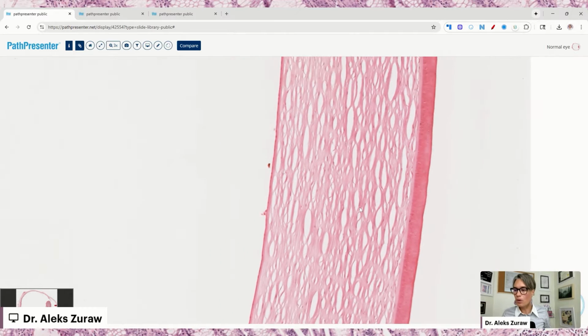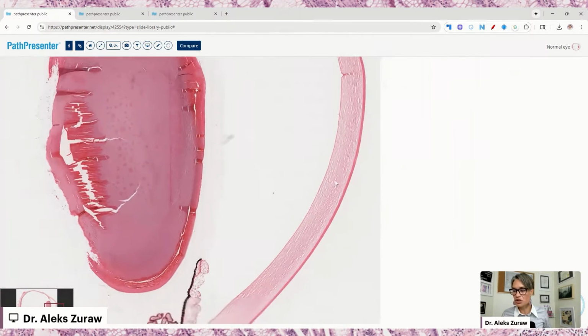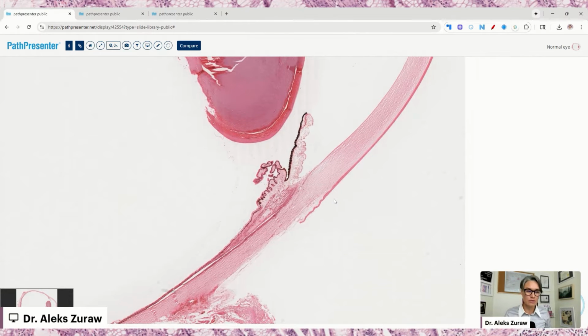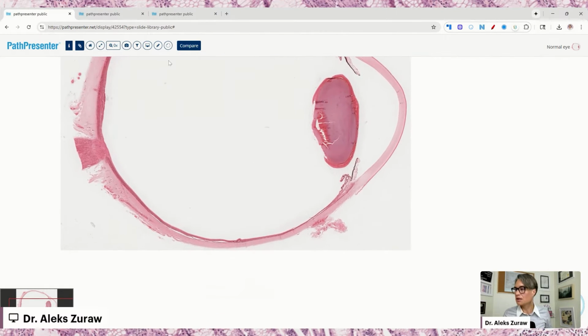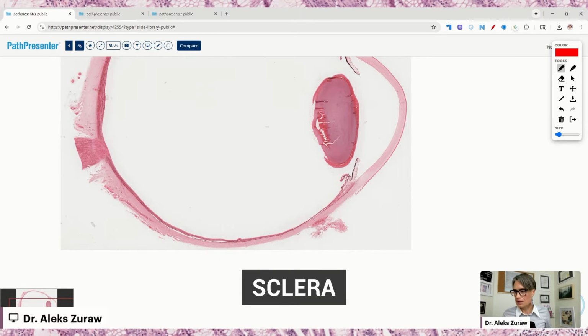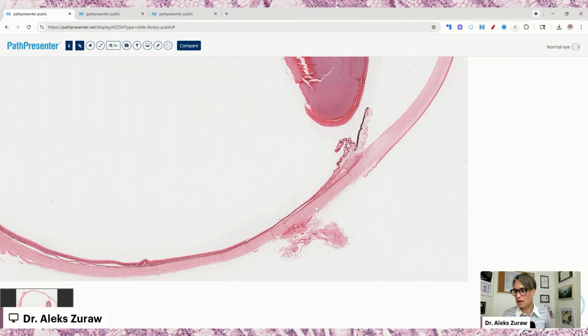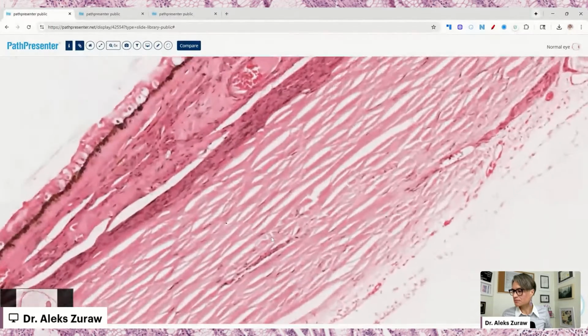And then the cornea has a sister or continuation that also belongs to this fibrous layer and extends all around the eye. This is called the sclera. You can see that in the sclera you also have these fibers, but they're kind of denser.